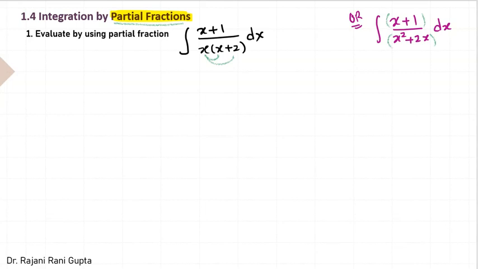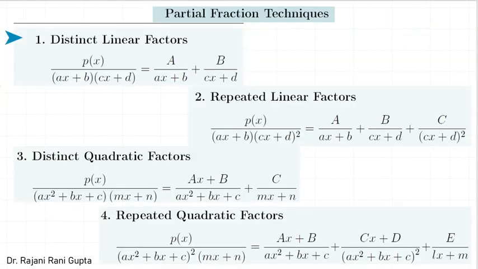So for that, you need to remember these rules. If you have a product of two linear factors, then you can write it as a partial fraction of A over the first linear factor plus B over the second linear factor.